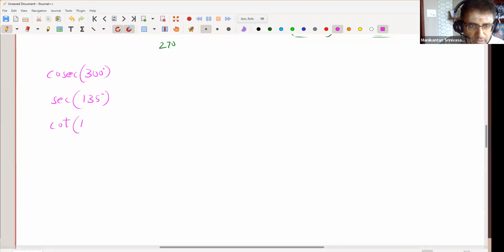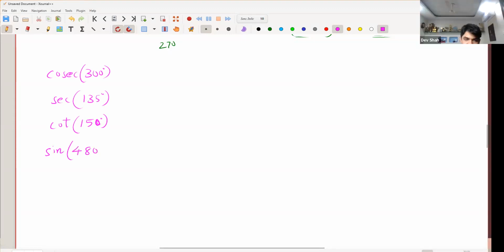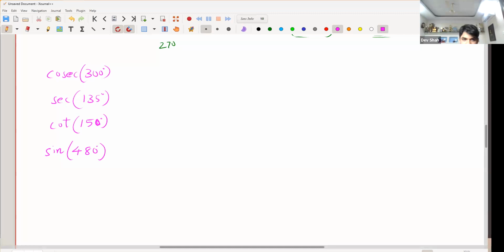Can all of you start working these? The sec is cos, right? And cot is tan. Correct. Sec is reciprocal of cos, cot is reciprocal of tan. Yes. Moksh, you had a doubt? No, I got the answer. Okay. I'm listing out a few.